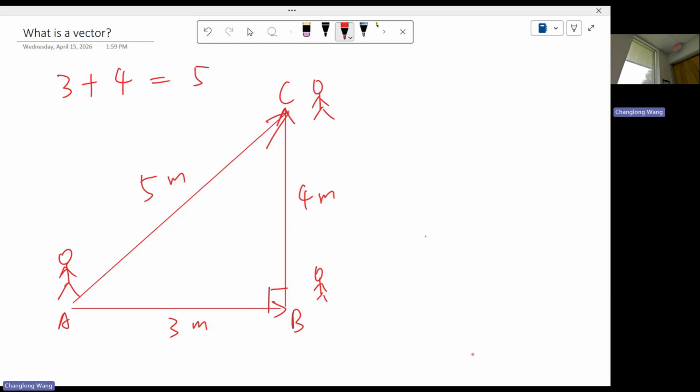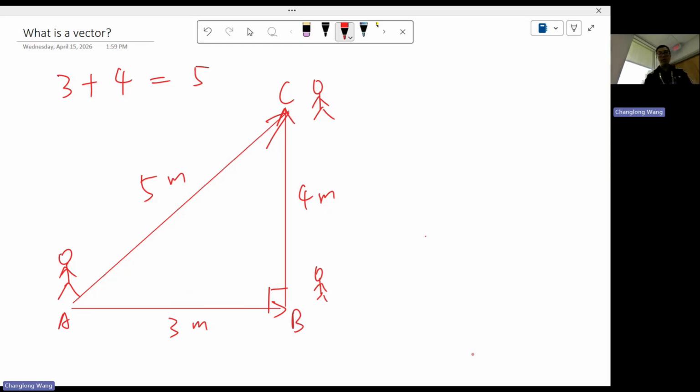You know that the shortest distance between 2 points is the straight line distance, and to make a triangle, these two sides have to add up to be bigger than the 5, right? There's so many ways you can see that has to be true. That equation, 3 plus 4 is 5, is a valid equation under a certain condition, and I'm showing you one of the conditions.